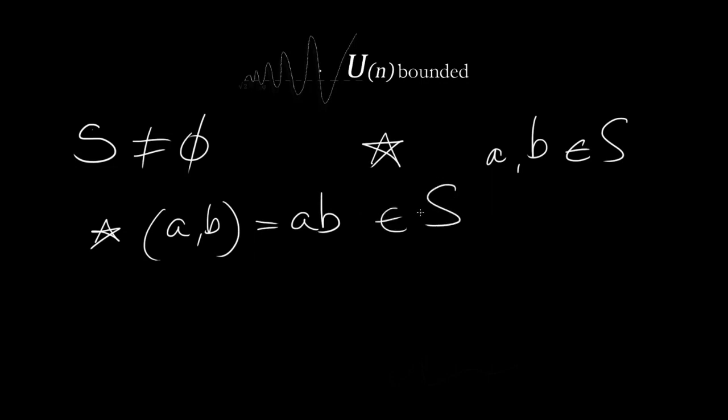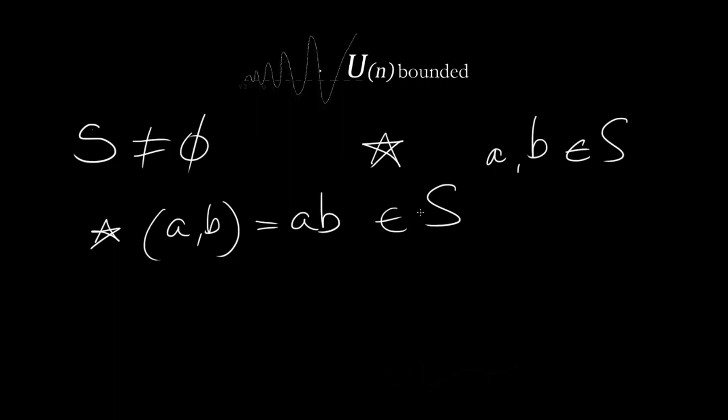What is this saying? If we have a set and an operation, imagine any operation you want. It can be multiplication, addition modulo n, multiplication modulo n, matrix multiplication, matrix addition. Any of them.